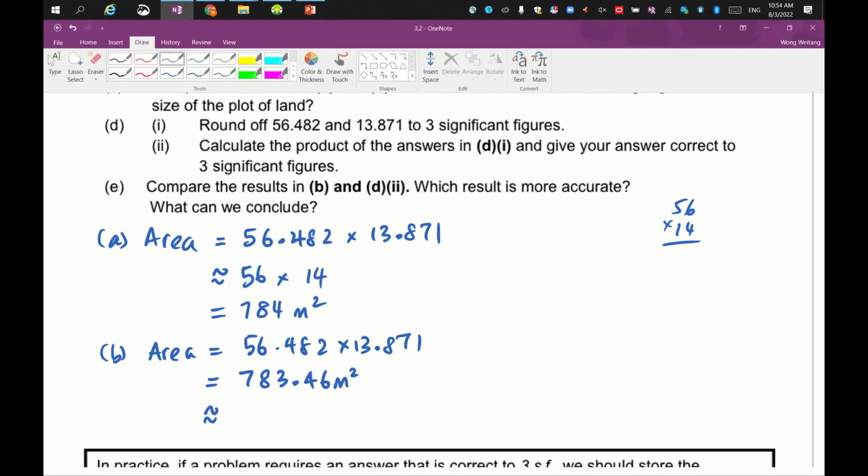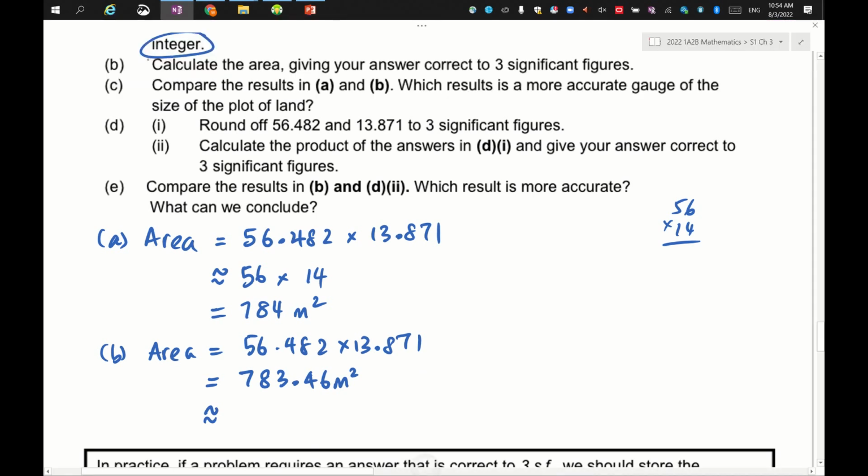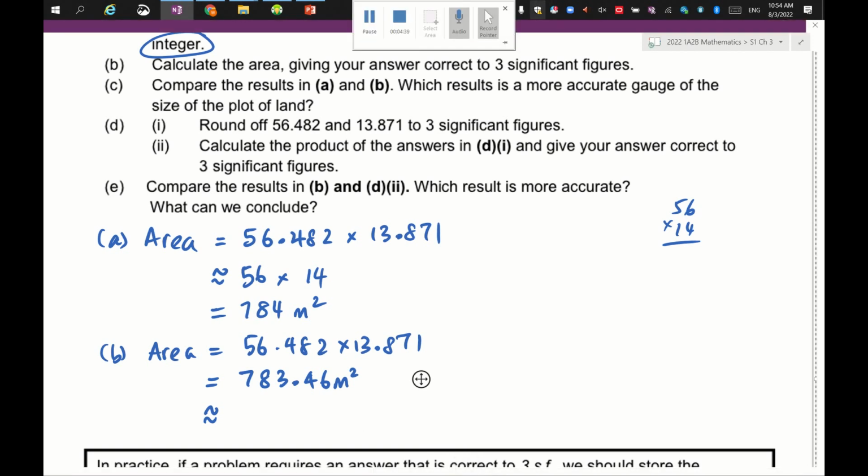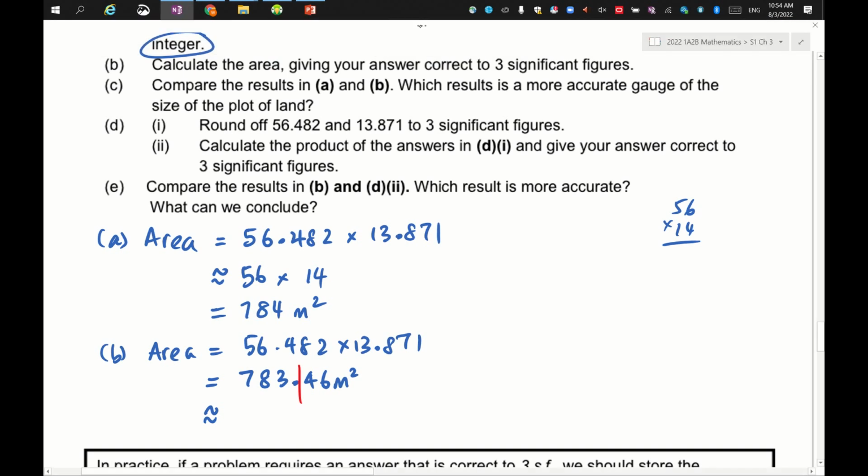So draw your line with a pencil. The first SF is the 7, followed by the 8, followed by the 3. So this is where we can draw the line, after the 3. Okay, so our decider is 4. 4 is a small number. So we don't need to change the 783. And therefore, our answer to 3SF is as such.